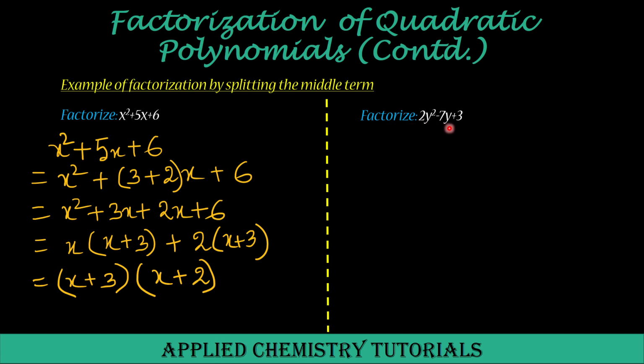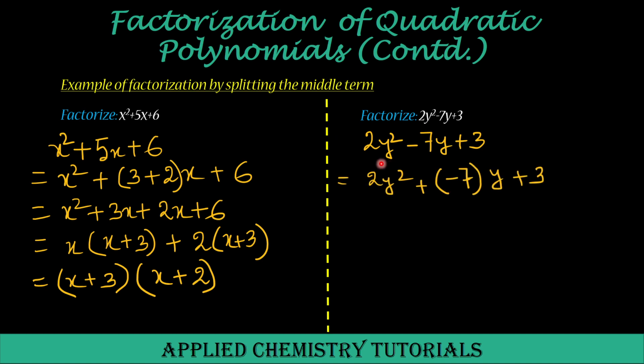Now another problem, factorize 2y squared minus 7y plus 3. The problem statement is 2y squared minus 7y plus 3, and it needs to be factorized by splitting the middle term. First, we need to rewrite this problem in ax squared plus bx plus c format: 2y squared plus (minus 7) multiplied by y plus 3.